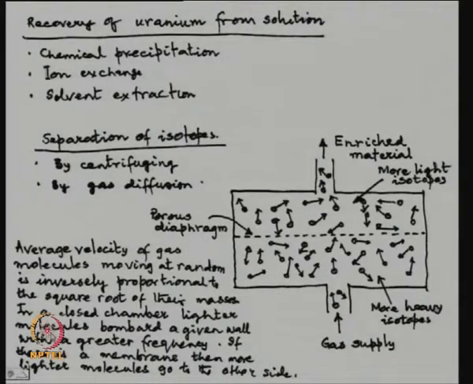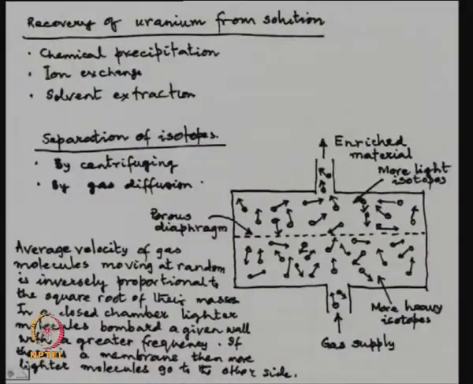Now, essentially we have to first produce a pure compound of uranium. And you know that the chemical properties of isotopes are always similar, no matter what element you have. If you have different isotopes, they will undergo the same reactions.